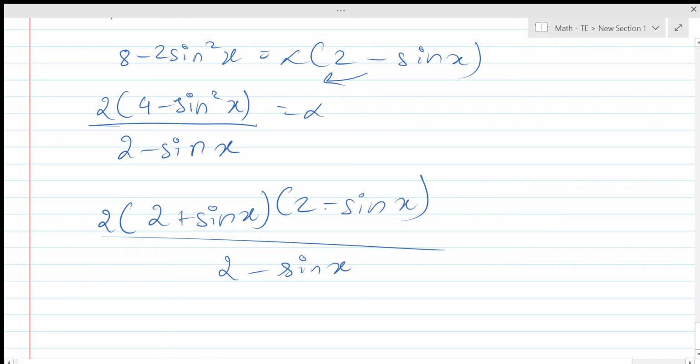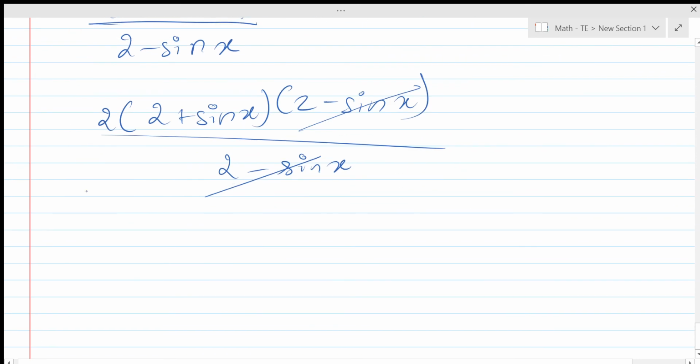Now, because 2 minus sine x is not equal to 0, we can cancel it out. And there you go. 2 plus sine x is equal to alpha.